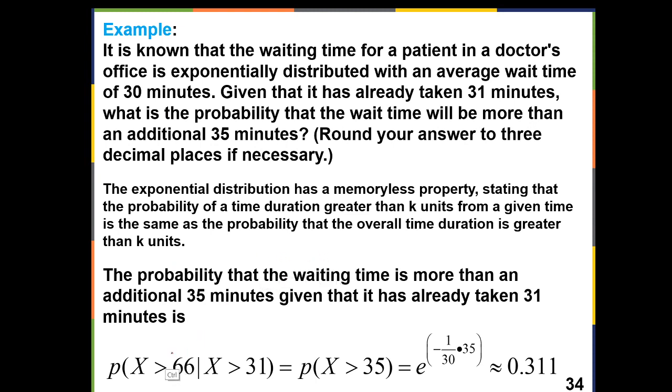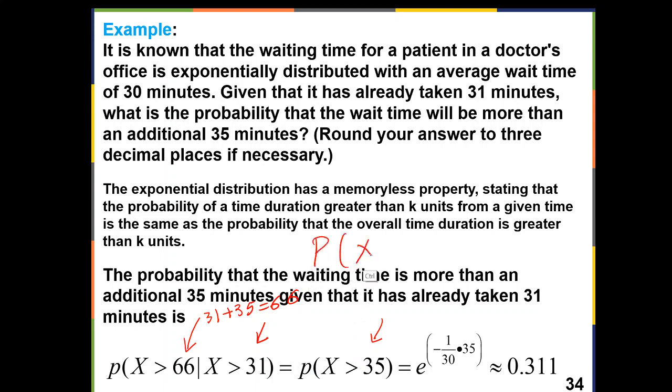What's the probability that I'm going to wait 66 minutes given that I've waited 31 minutes? Well, it's the same as if you started from now and you waited 35 minutes. And we know the formula for that.